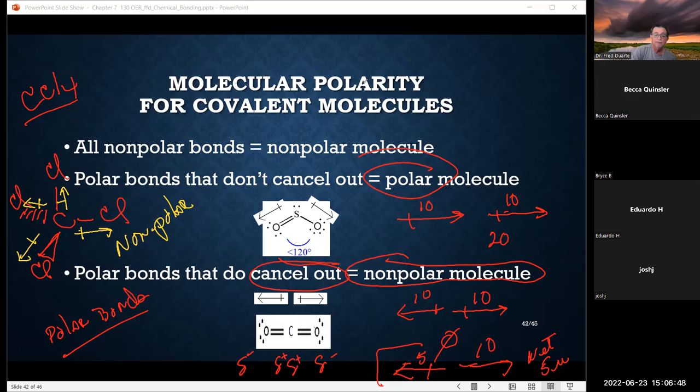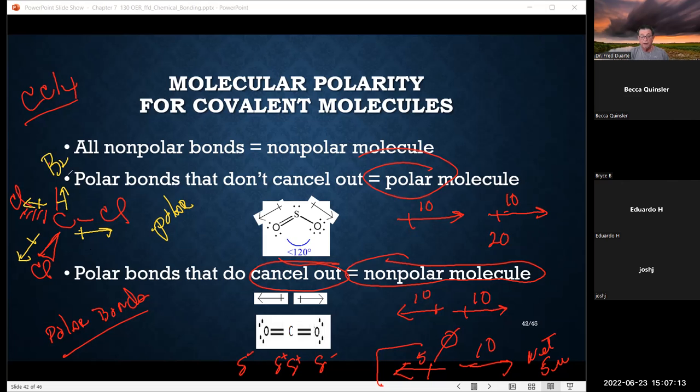Now, for example, let me erase one of these and replace one of the chlorides with a bromide.